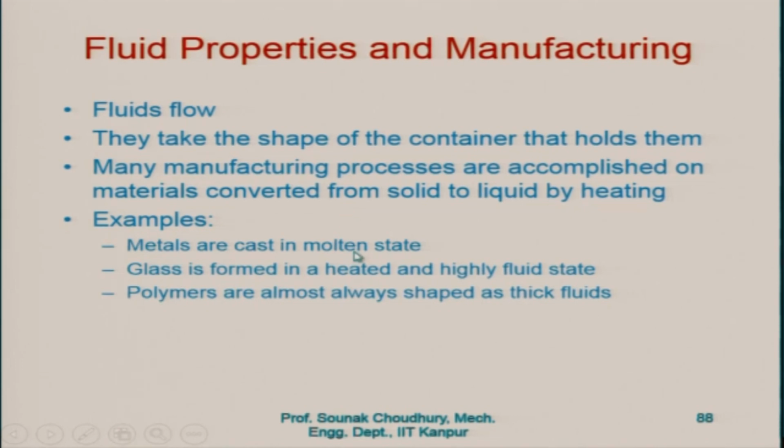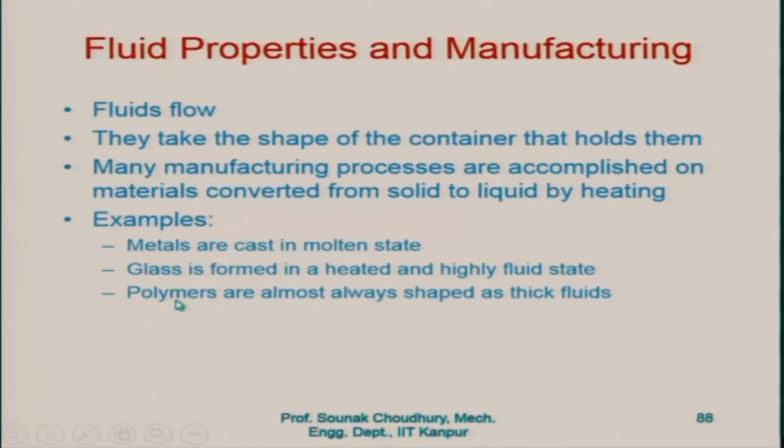However, inside the machine it is actually melted. Melted means it is in the thick fluid state. So, as you can see, for casting, for formation of glass utensils, and for polymers, they are always in the fluidic state.